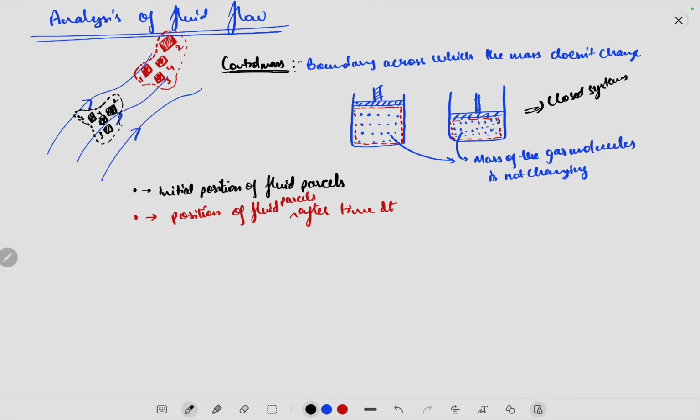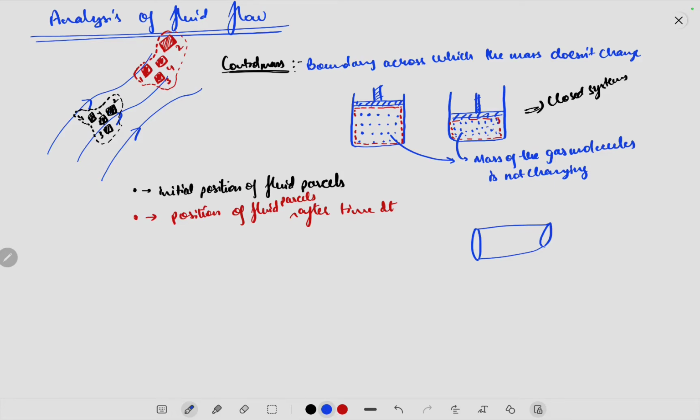Now in fluid mechanics, when you are dealing with flow through a pipe, is it a closed system? No, because the mass of the fluid elements does not remain constant. It could be the case that for certain time the mass is more and for some other time the mass is less, right? Also the same molecules are not there inside the pipe all the time.